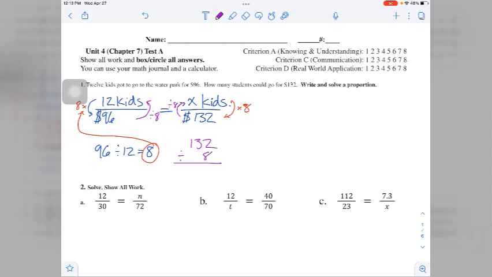On my calculator, I type in 132 divided by 8, and I get 16.5. So X here equals 16.5.